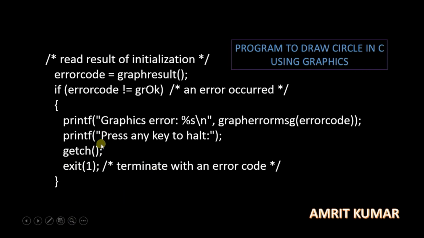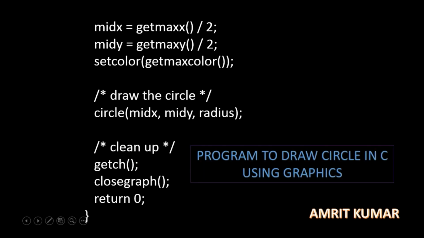So the error message will be displayed with the help of this. Then getmaxx divided by 2 is assigned to midx, and getmaxy divided by 2 is assigned to midy.